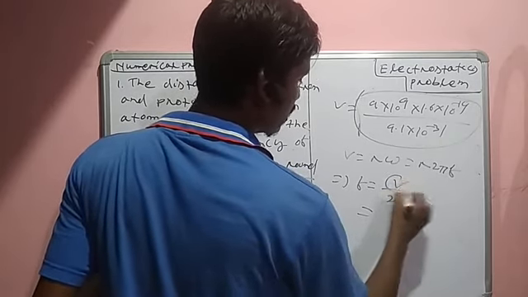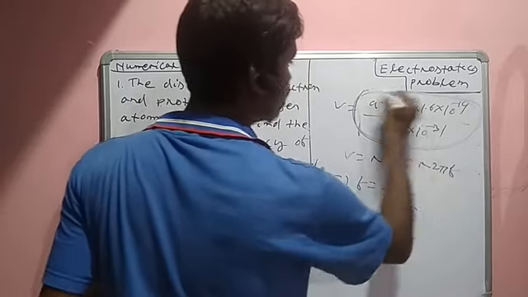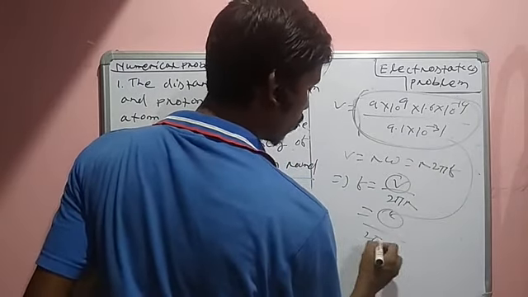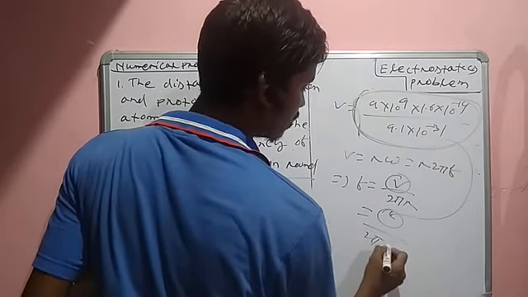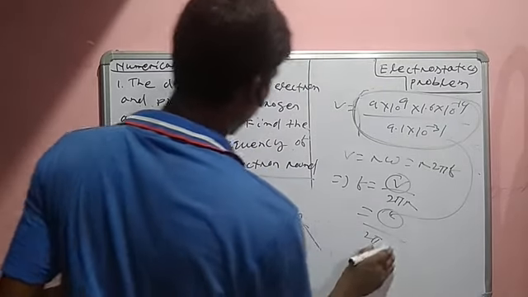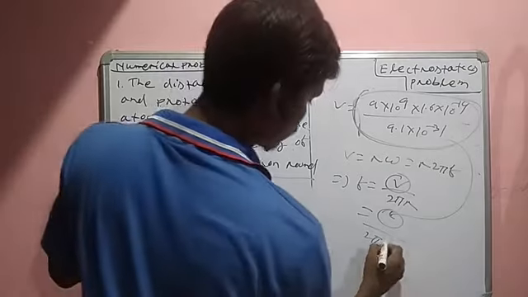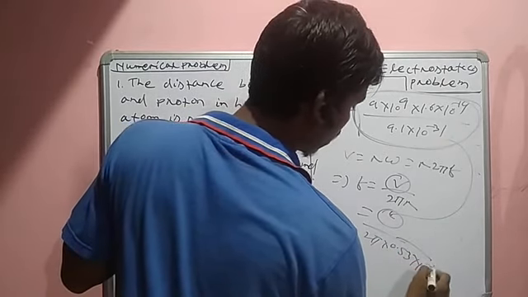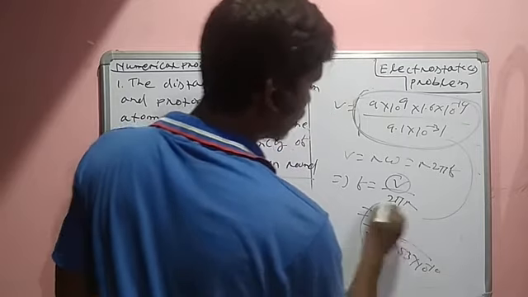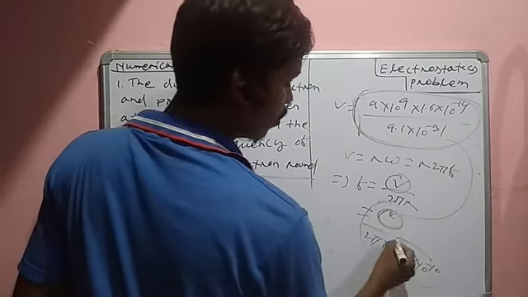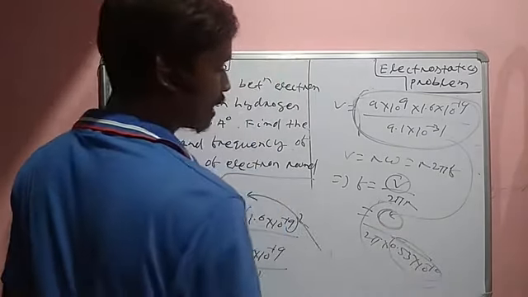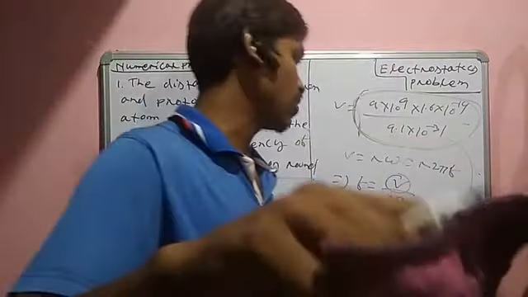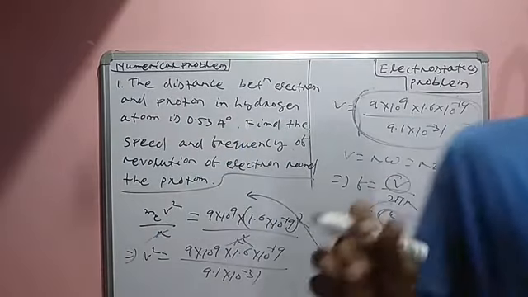The value of v is the one we just found, divided by 2 pi times r, which is 0.53 into 10 to the minus 10. Putting in the values of v and r, we can get the value of f. This is the answer to your doubt question.